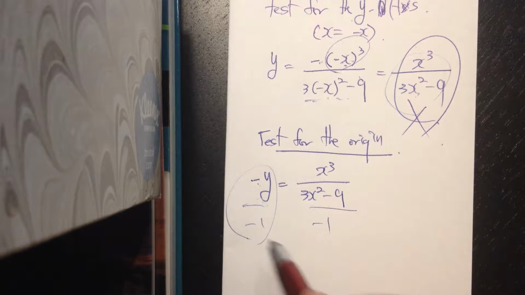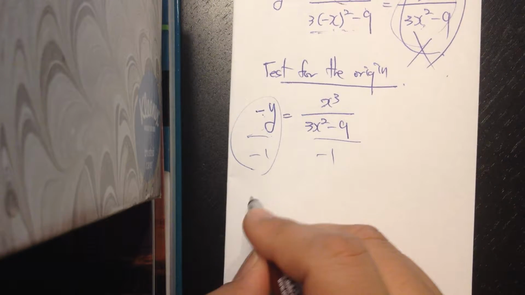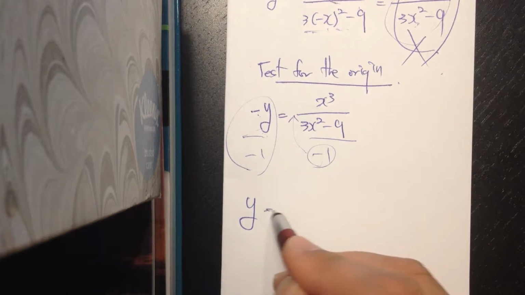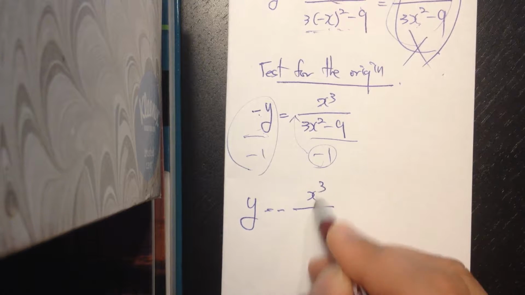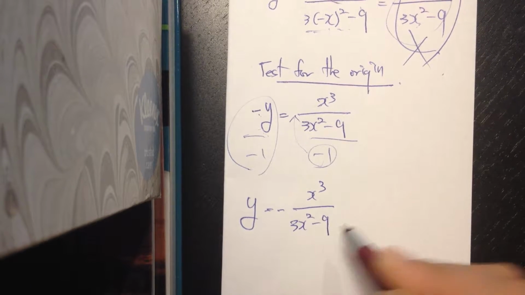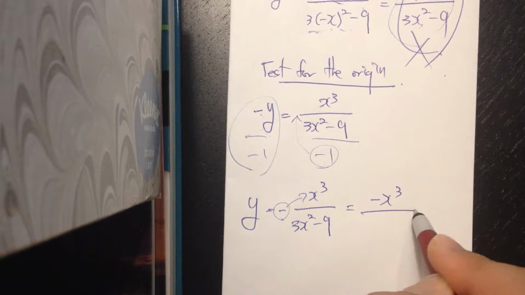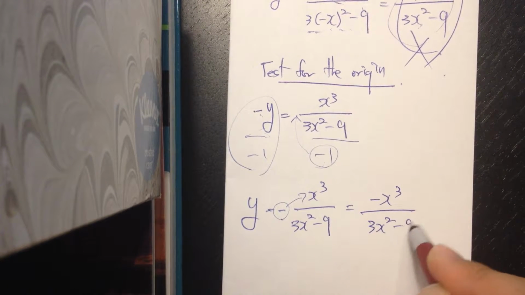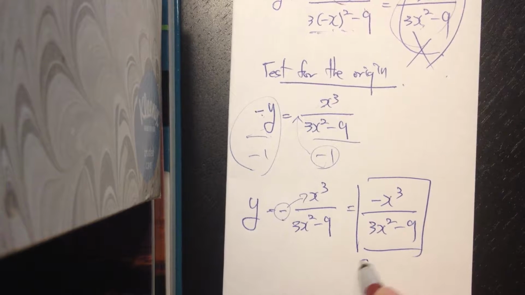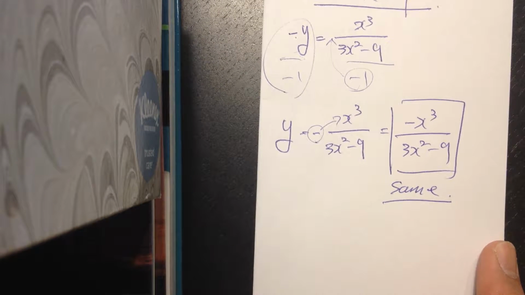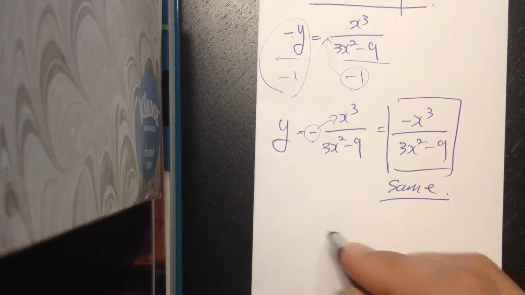So then here turns out to be now positive. You see the negative? I'm going to put it right up here, which I could bring the negative up there, which is the same. So therefore, we say this has got to be an odd function.